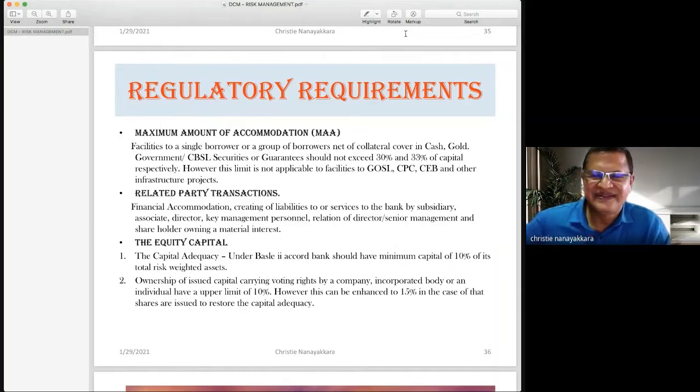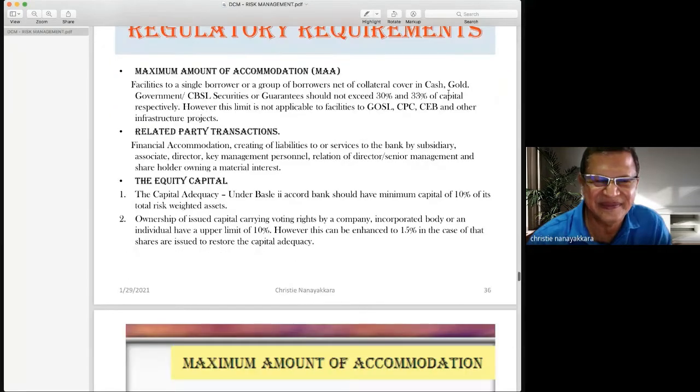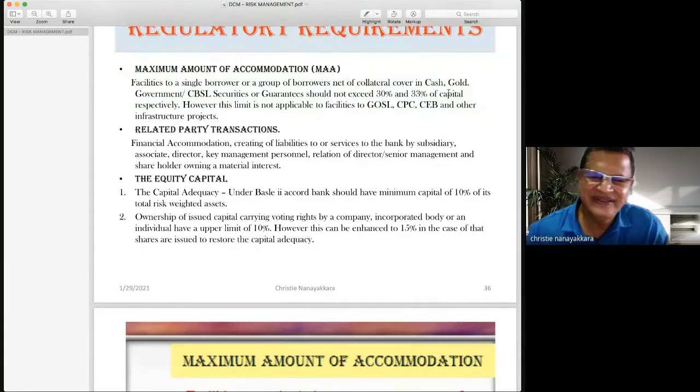So that condition will be rechecked by your credit risk department. They also check certain facilities for related party transactions.